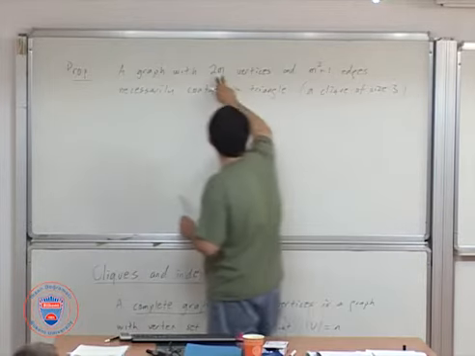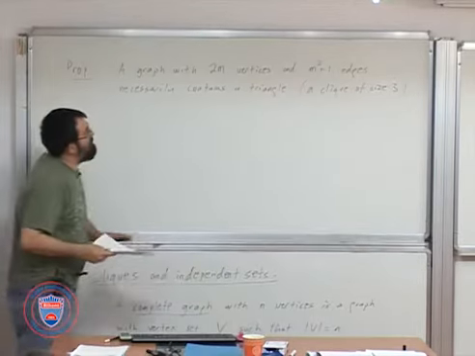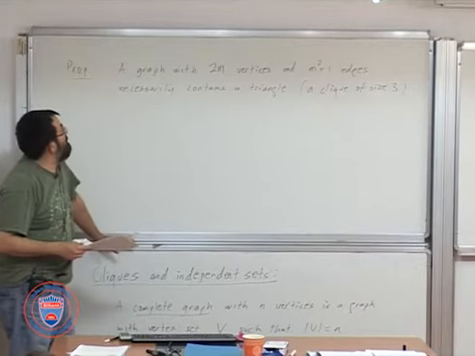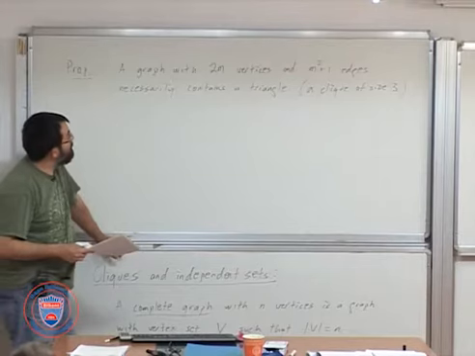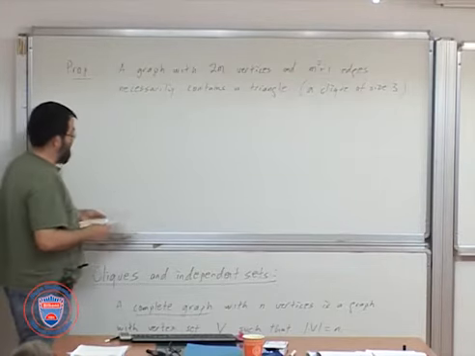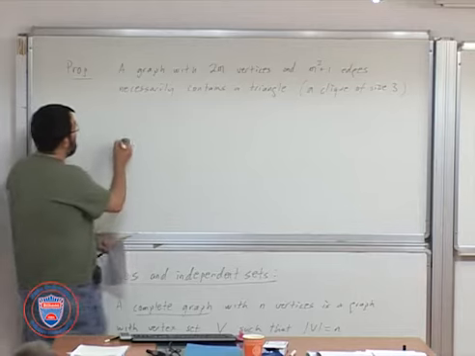In other words, if you have 2m vertices and m squared plus 1 edges, your alpha G is bigger than or equal to 3. At least you have a triangle. This is actually optimum.